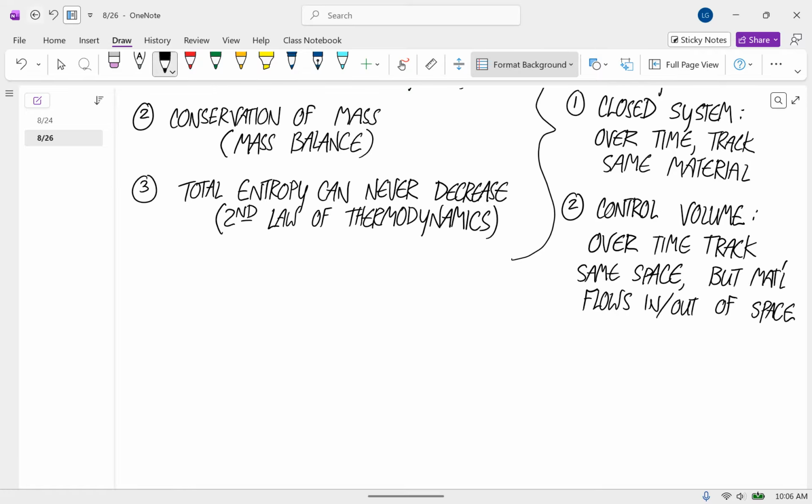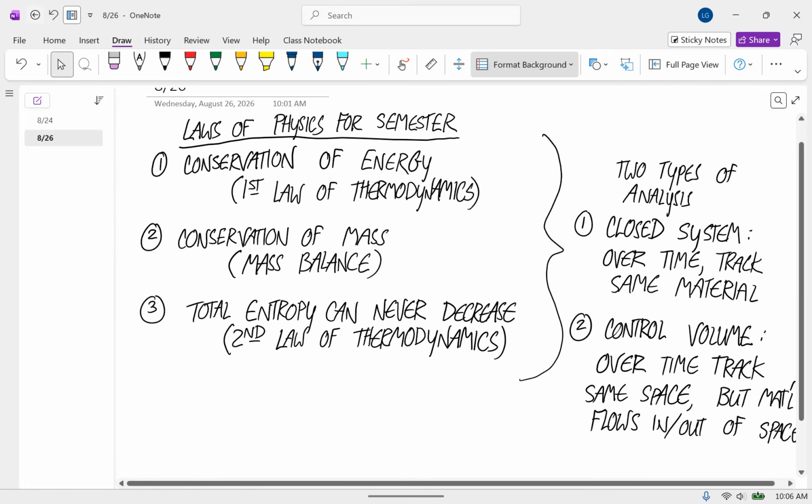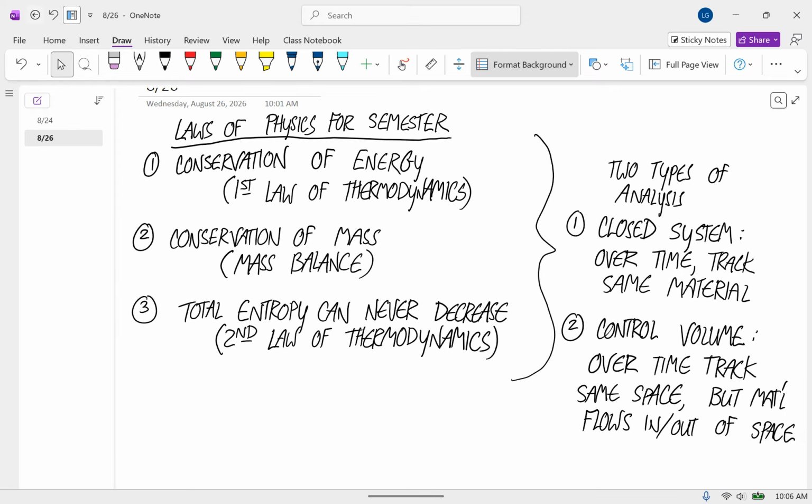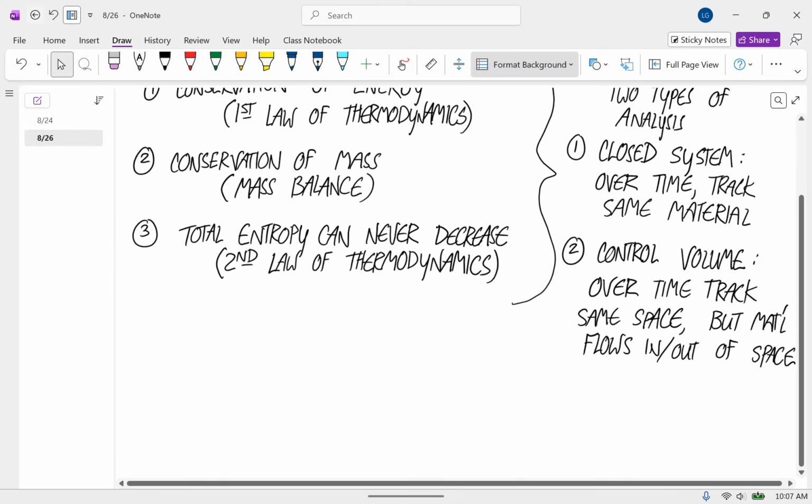And so this is sort of the basics of the analysis that we're going to do this semester. Pretty much always we're going to start with a closed system because it's simpler mathematically. So we'll do the first law with closed systems, and then later on we'll go to the first law for control volume analysis.